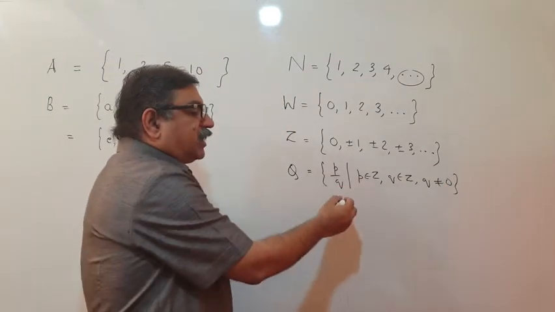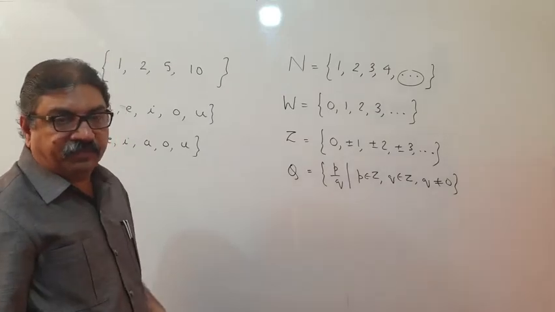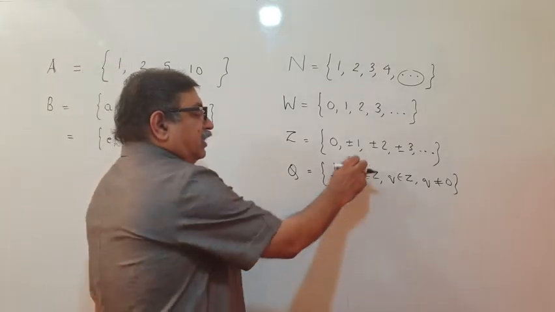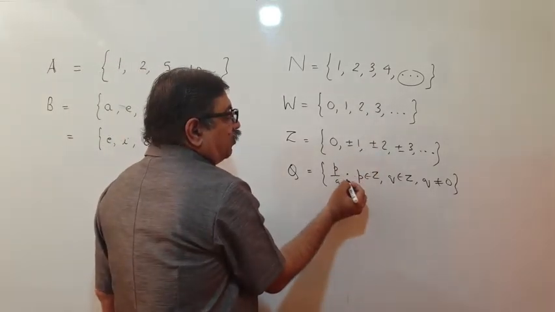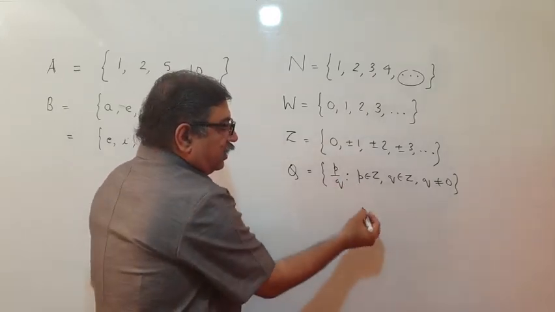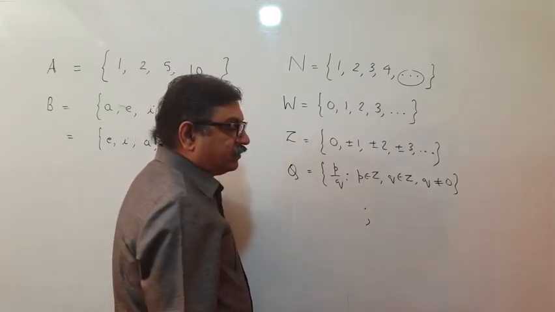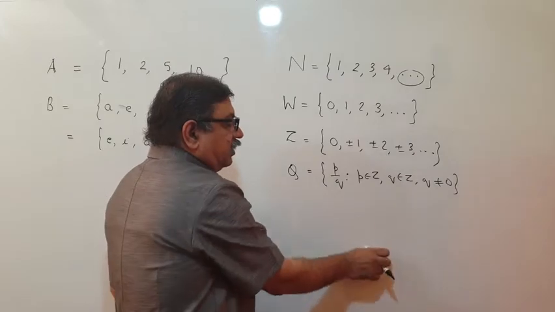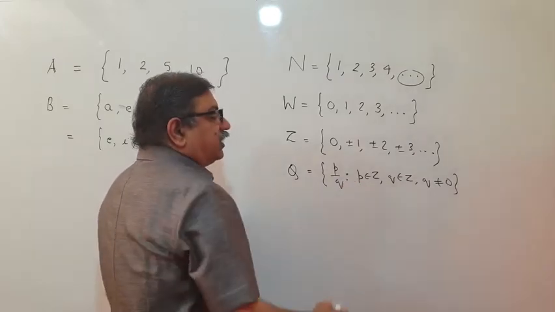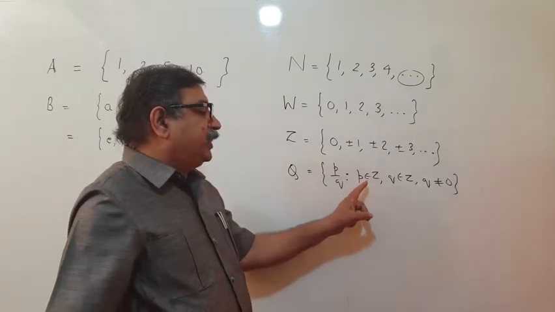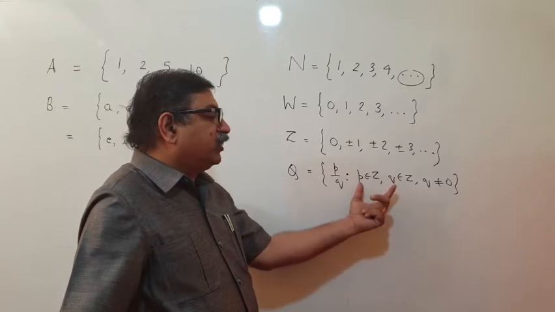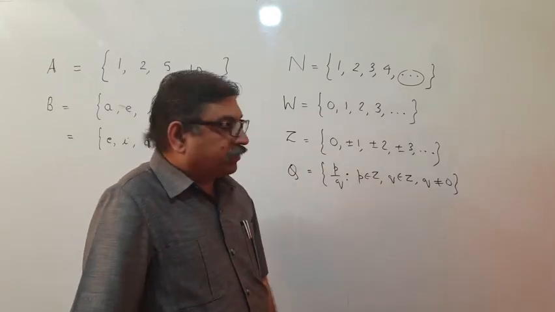Children, this vertical bar means such that, and in sets we can write a colon also. This is a colon. This is a semicolon, and this is a colon. So we can use colon over here: p by q, such that p belongs to Z, q belongs to Z, but p and q are integers and q is not 0.